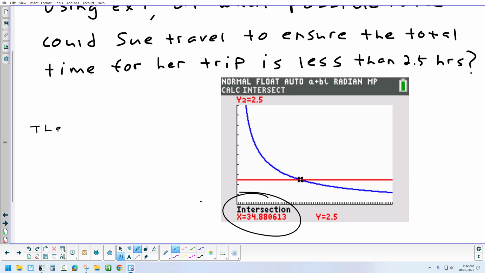So the speed of the car must be greater than 34.88.